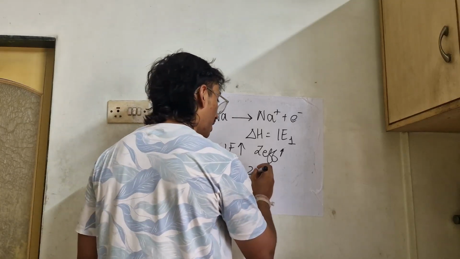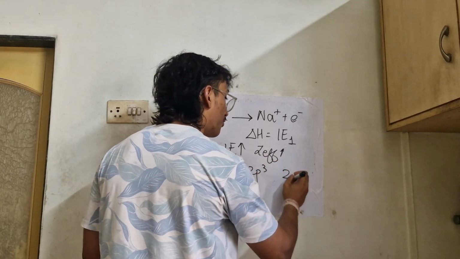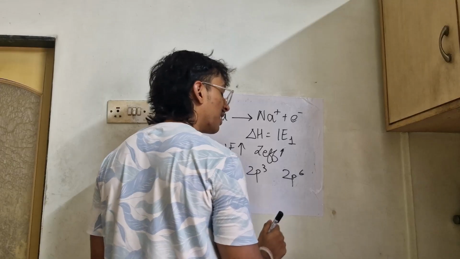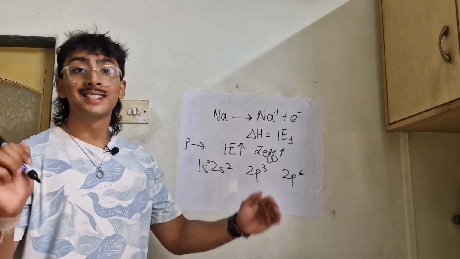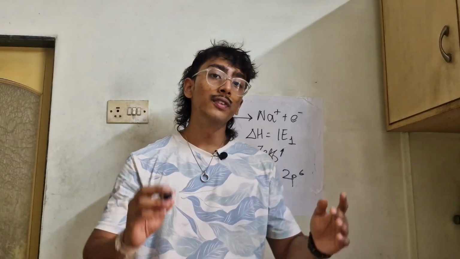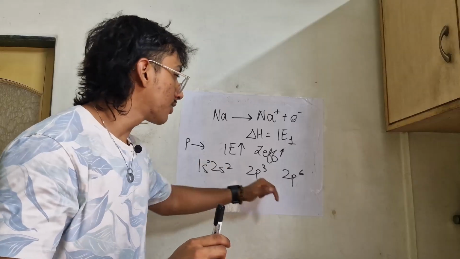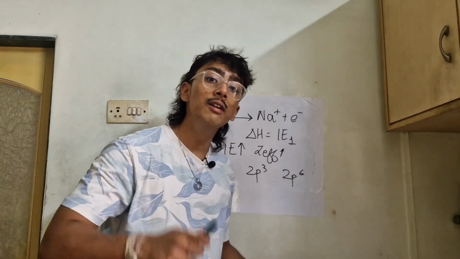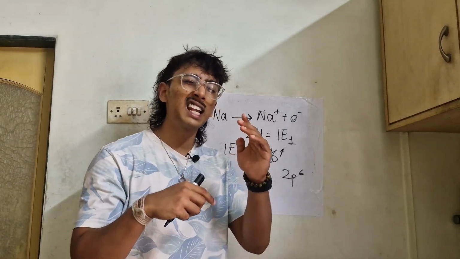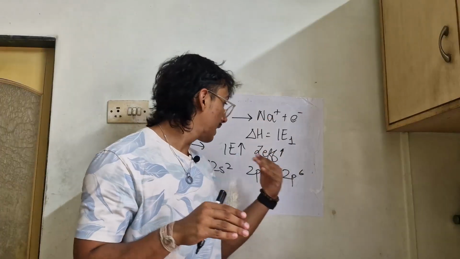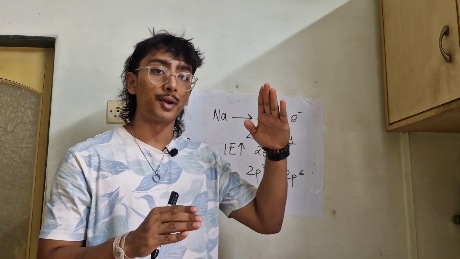half-filled and fully filled orbitals, you obtain stability. To remove electrons from these particular orbitals, it is even more difficult. So the increase in ionization enthalpy becomes a little sharper.